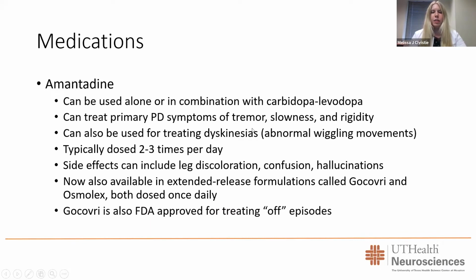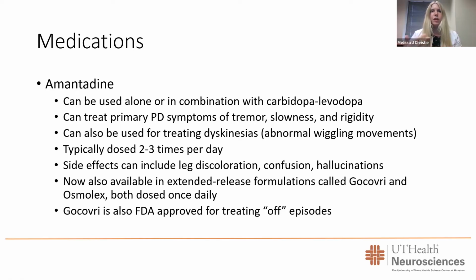So one for these abnormal wiggle movements that can develop called dyskinesias, but also for treating off episodes. And what that is, the longer you've had Parkinson's, there might be more times where your dopamine levels are fluctuating as your brain loses more of its natural stores. You can be more prone to times where you feel really good, where the medicine's working, we call on times, and then off times where the medication is not working.